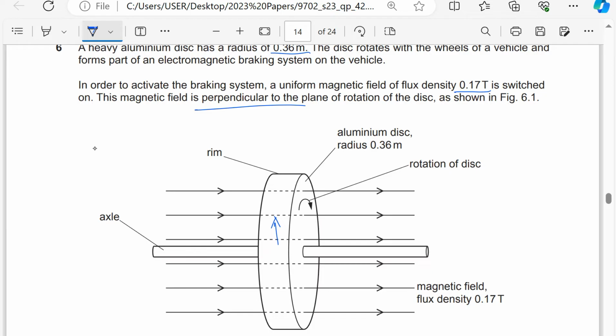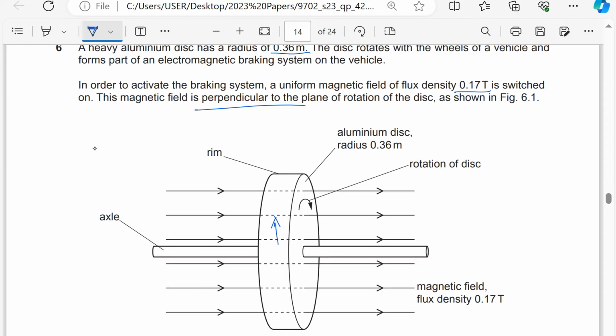The field, first finger, points to the right, and the motion is upwards. As the disk rotates, the induced current is such as to oppose the rotation. So the induced current must cause a force which opposes the rotation.